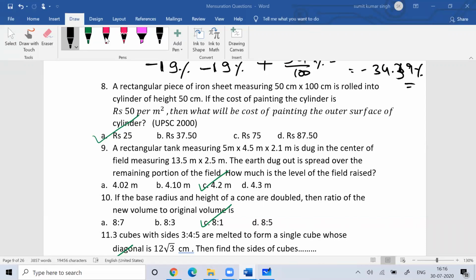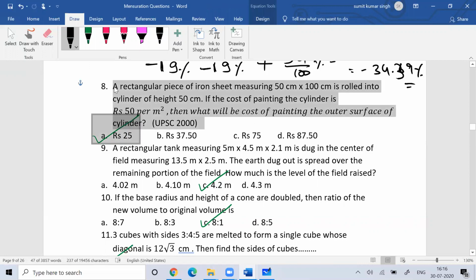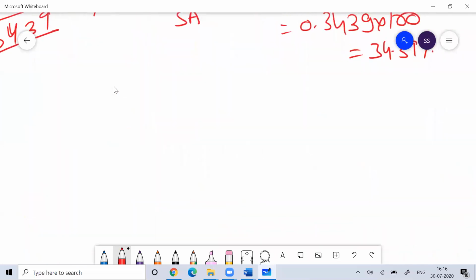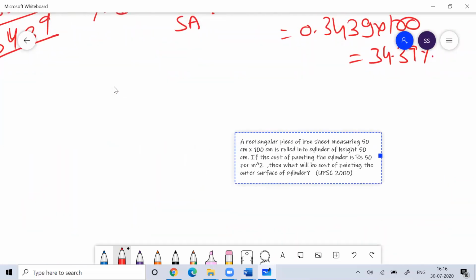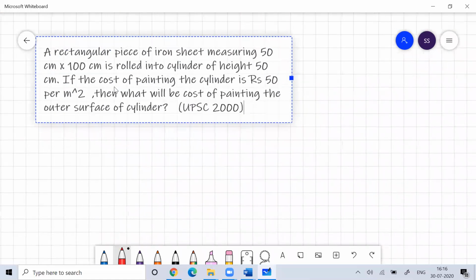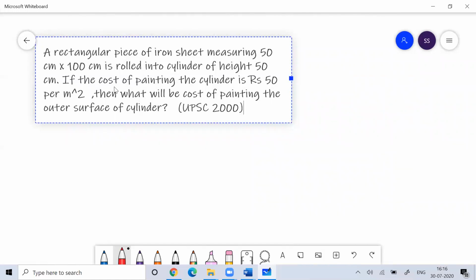If the cost of painting the cylinder is rupees 50 per meter square, then what will be the cost of painting the outer surface of the cylinder?